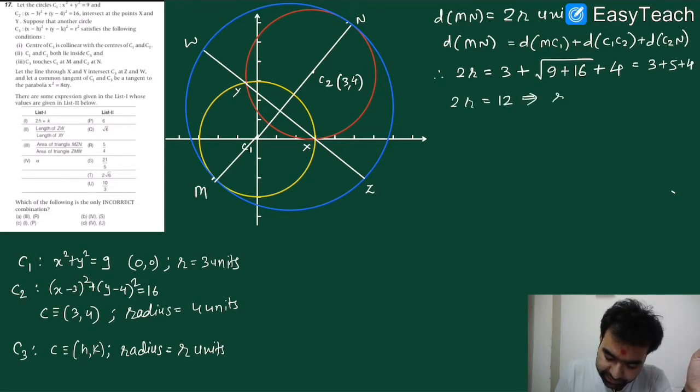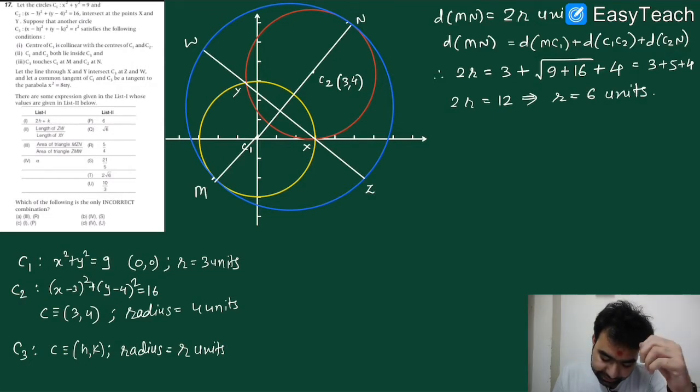It implies that r is equal to 6 units, the radius of the bigger circle. Now if we observe, the diameter of the first circle is 6, so this point must be the center of the bigger circle, the blue circle.